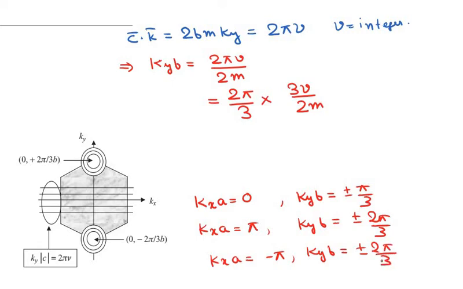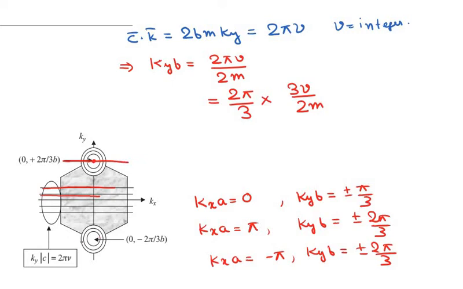So for this zigzag nanotube to be metallic, we should have kyb equal to 2 pi by 3 for a given value of this subband v. Only then would one of these straight lines, which corresponds to a given subband, pass through this point at which there is no band gap.